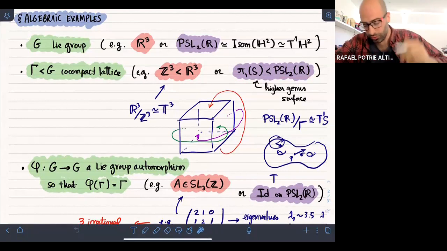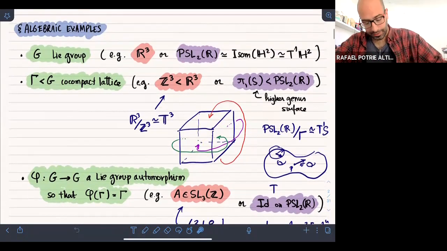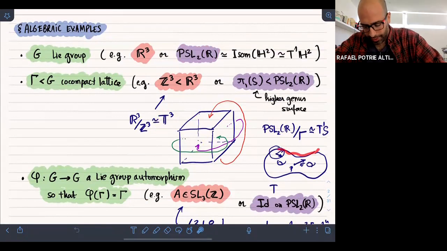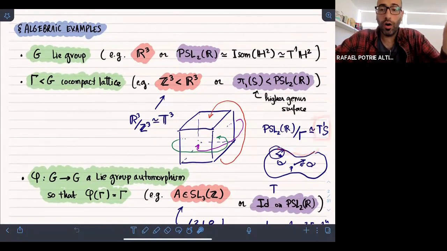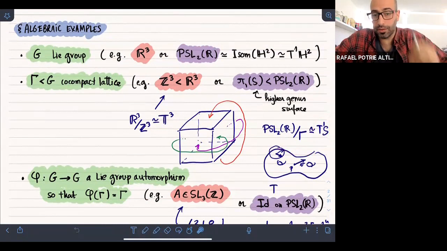So these are two examples, and in one we get the three torus, and in the other we get the unit tangent bundle of a surface of constant negative curvature.